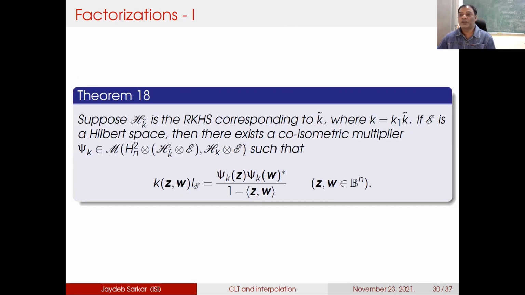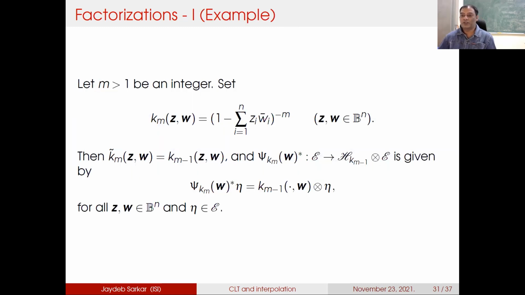Now, to understand this construction, I just give you an example because that's more common. You take the Bergman space, weighted Bergman space, or the Hardy kernel, etc. In this case, your K_m is 1 minus inner product of z omega raised to the power minus m. You take m larger than 1. In that case, your K tilde is going to be one degree down, so it is going to be K_{m-1}(z,omega).